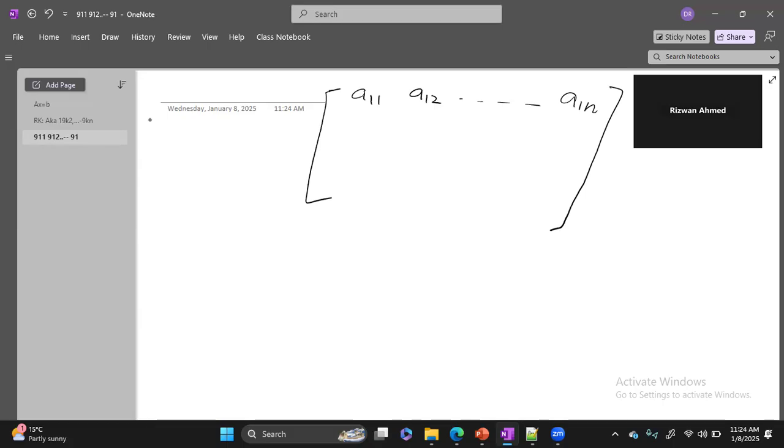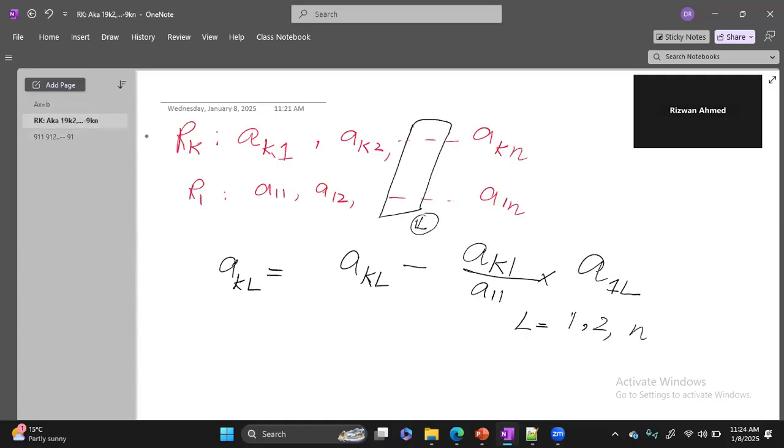So the same operation on the kth row, let me write that one on the previous page. So likewise, the kth entry of the B column vector will be updated: bk minus the multiplier as it is, ak1 divided by a11 times b1.